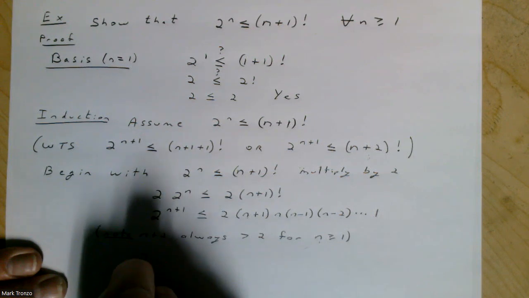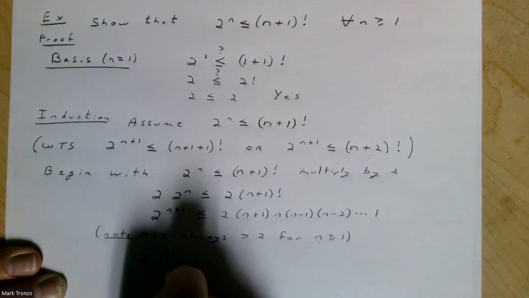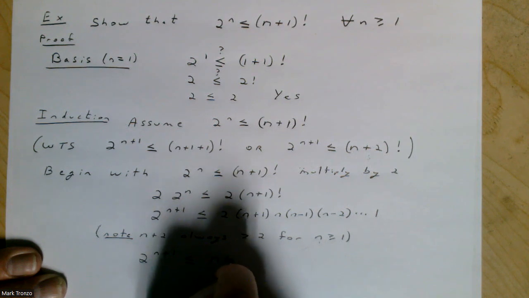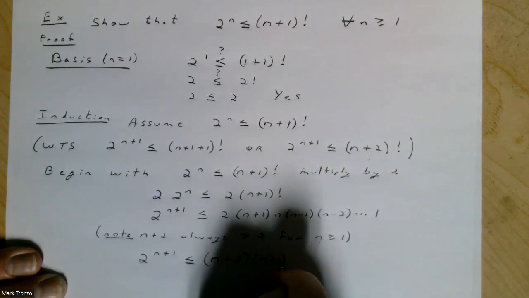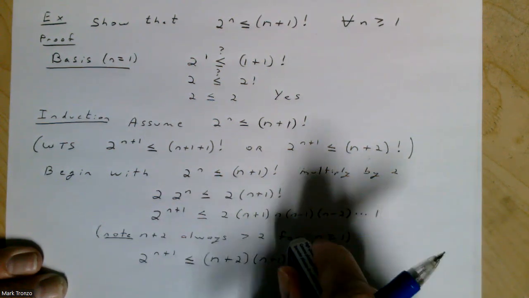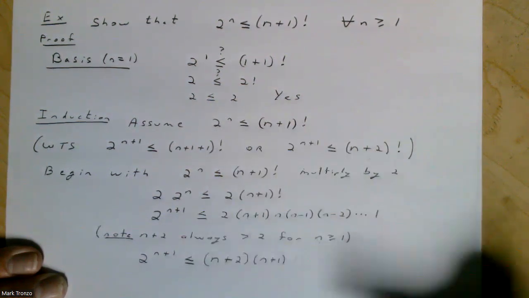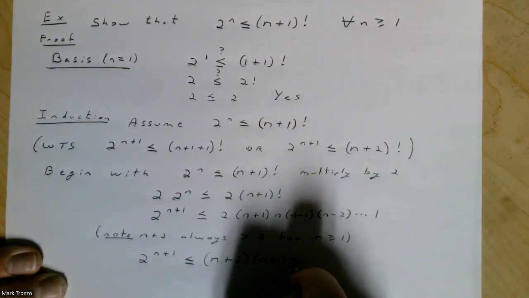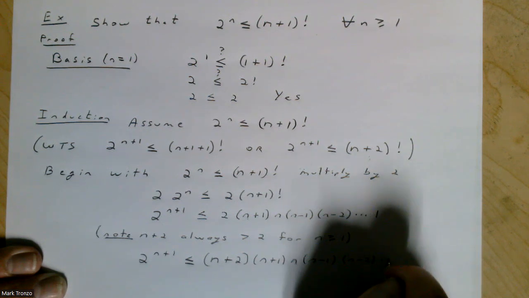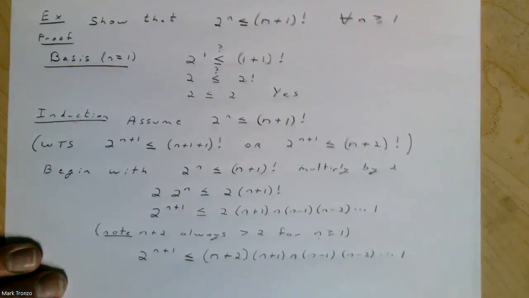So that means we're going to have 2n plus 1 greater than or equal to n plus 2 times n plus 1 times n minus 1 and minus 2, like this.